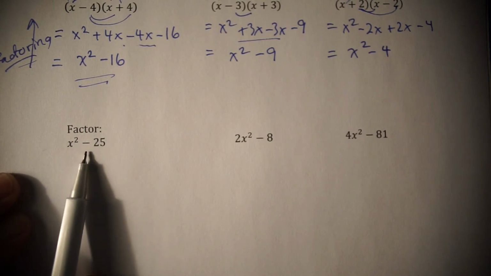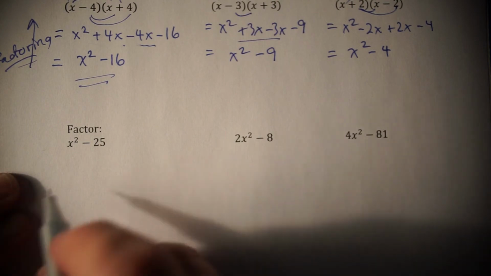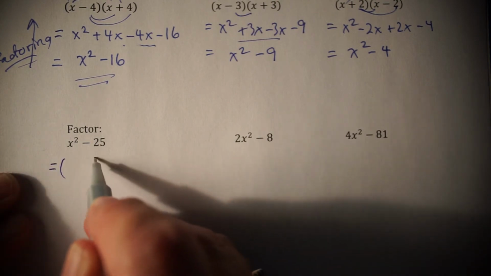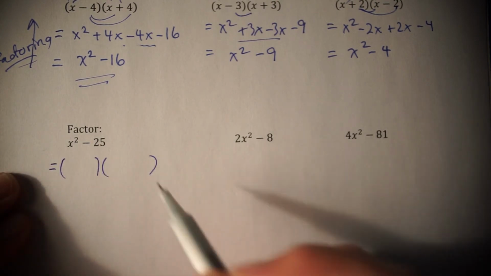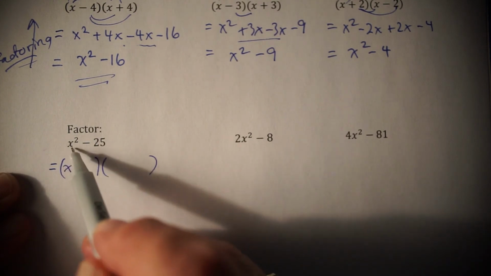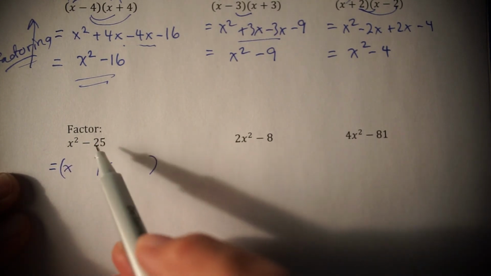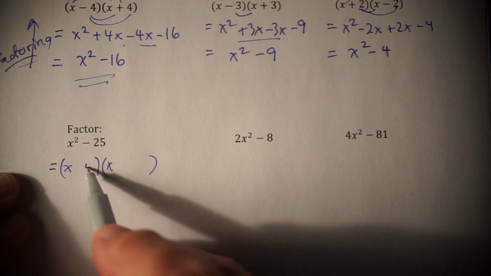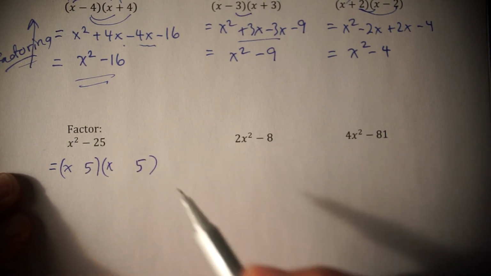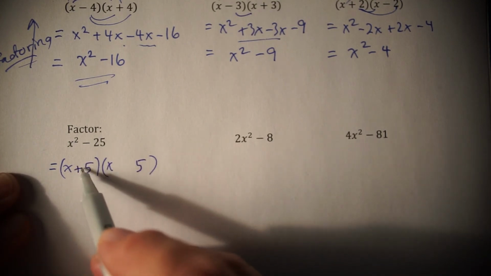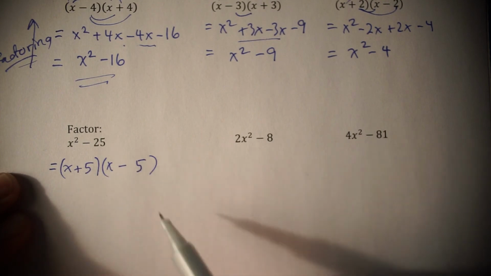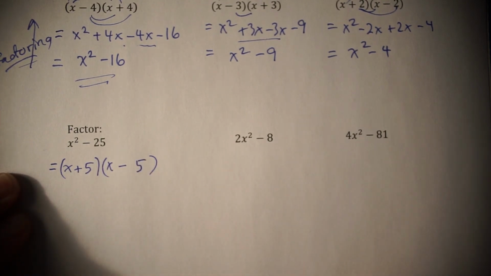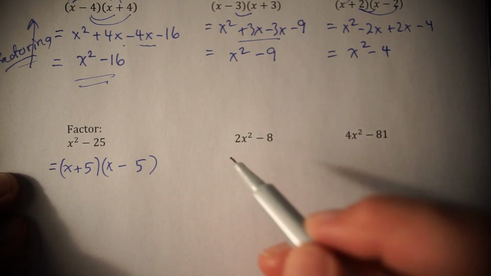Is it a negative sign? Yes. Okay, so this came from the conjugates. What conjugates were they? Well, we'll put down the 2 brackets, and we'll remember that the square root of x squared is x. The square root of 25 is 5, a perfect square. One gets a plus, one gets a minus, and these are the conjugates it came from. So it's really quick and really easy. We love factoring these ones. Okay, so let's try the next one.